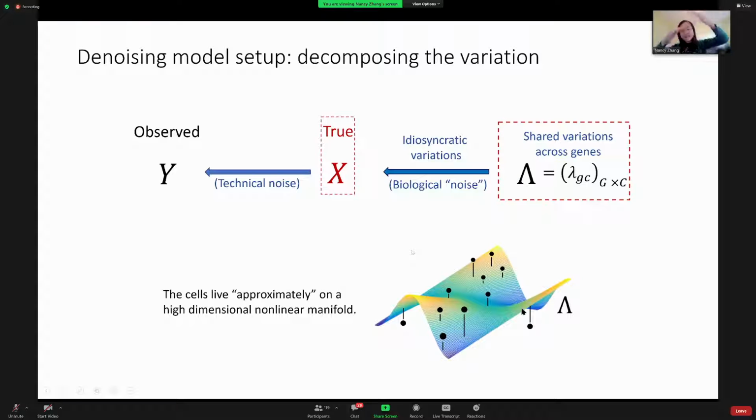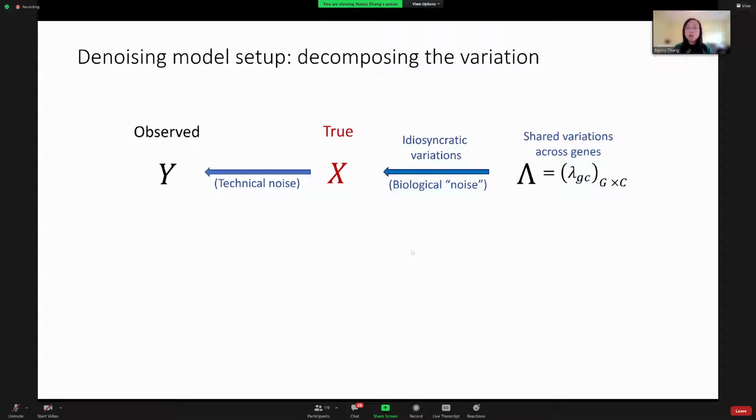So we think about X, the cells, as living in some high dimensional manifold in transcriptomic space, which is represented by lambda. But they're not exactly on this manifold because everything's random. RNA transcription is random, RNA degradation is random. They're not going to be exactly on the manifold. So it's basically the shared variations across genes plus some idiosyncratic, unpredictable biological noise that is independent across genes.